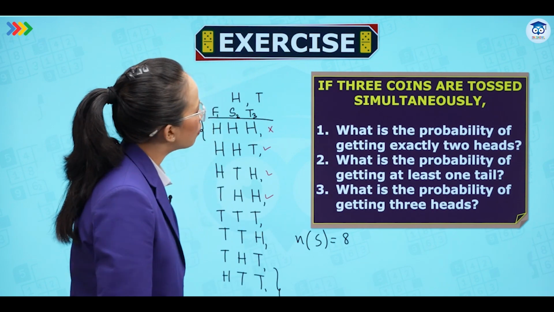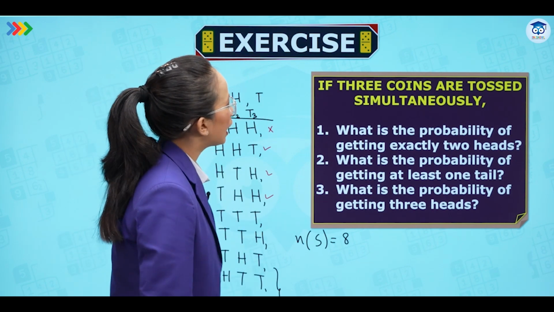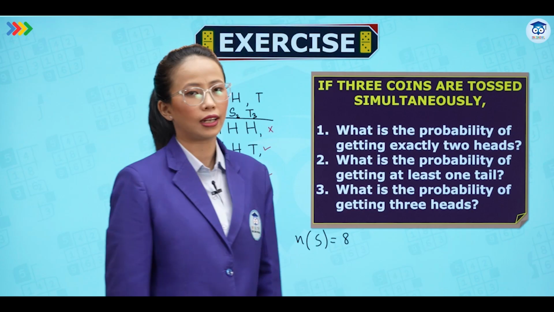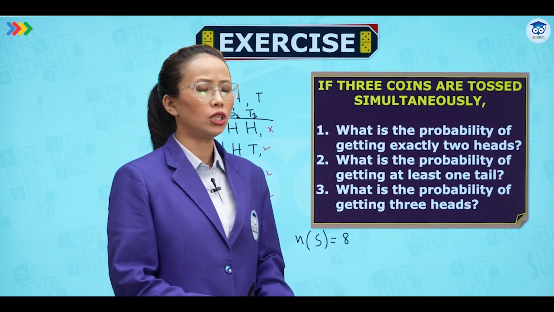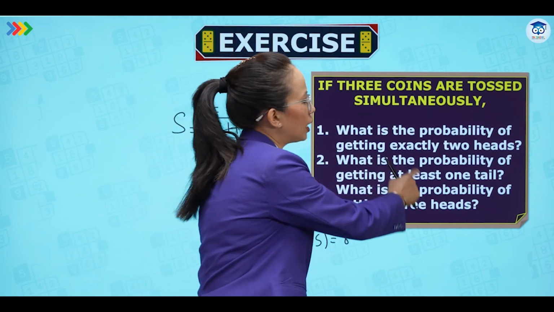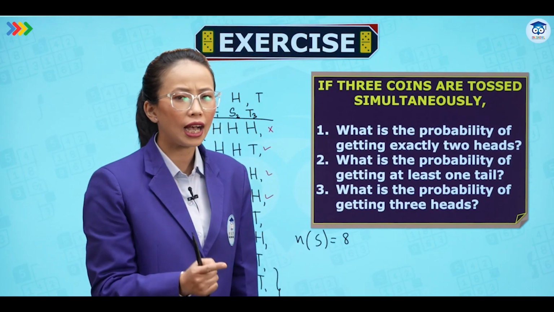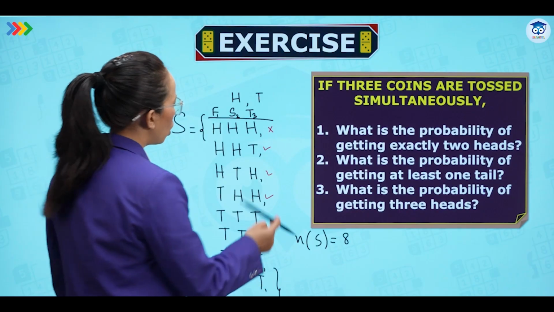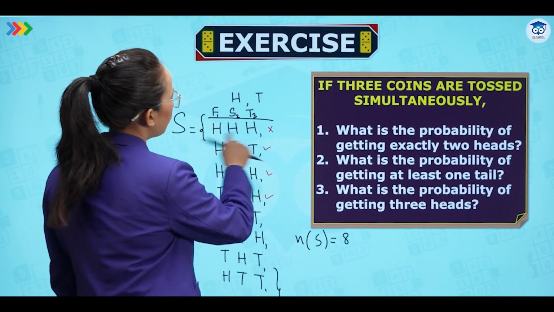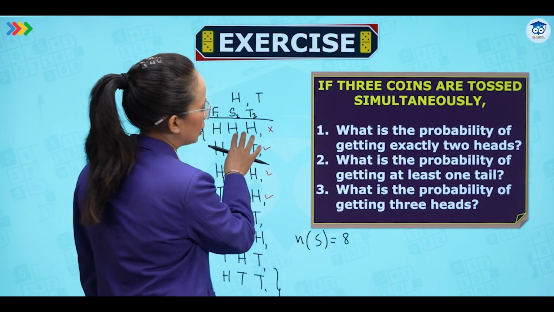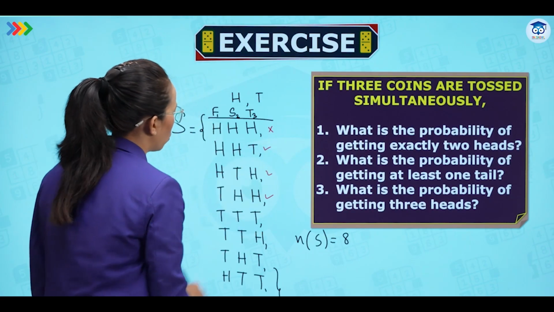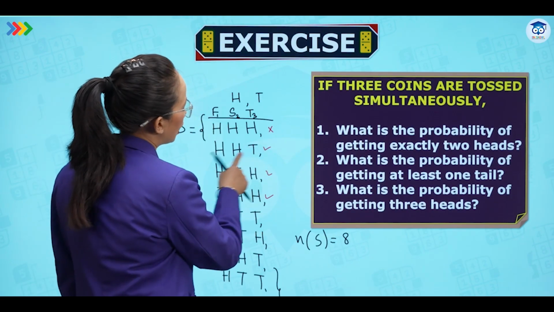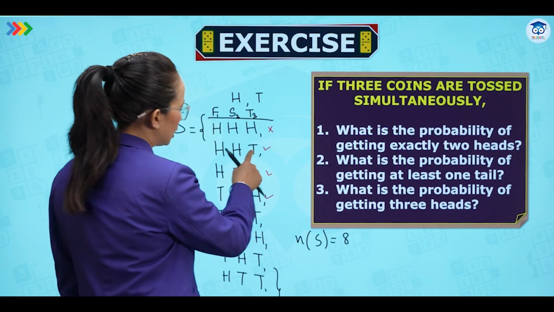Next question we have, what is the probability of getting at least 1 tail? At least means what? Minimum 1 tail is required. You can have 2 tails also, 3 tails also, right? So let's count from here. The first one we cannot consider because there is no tail at all. The second one has 1 tail, we'll consider this.